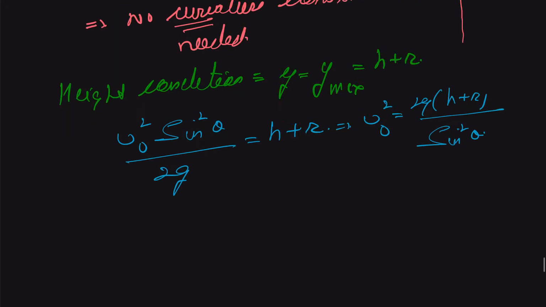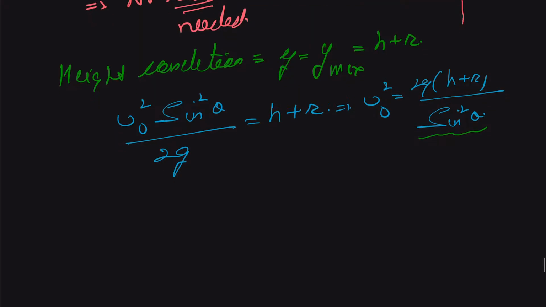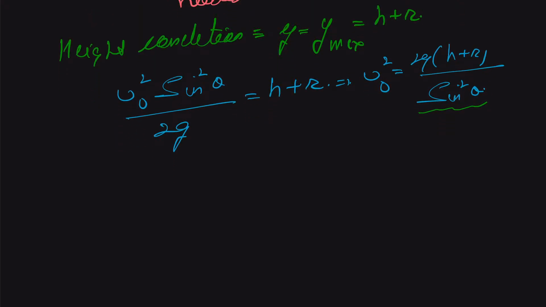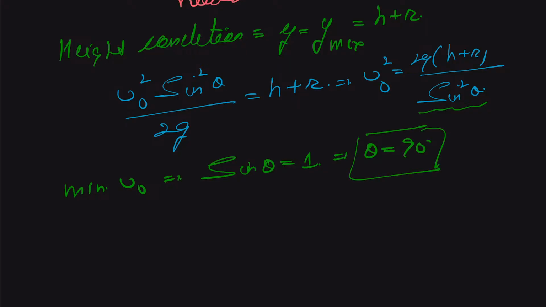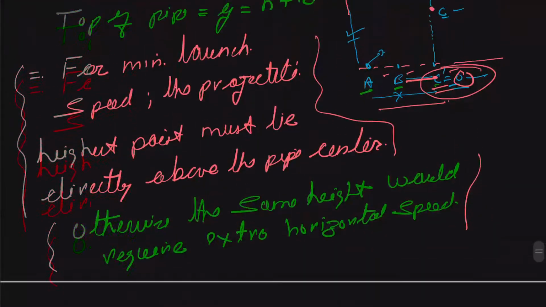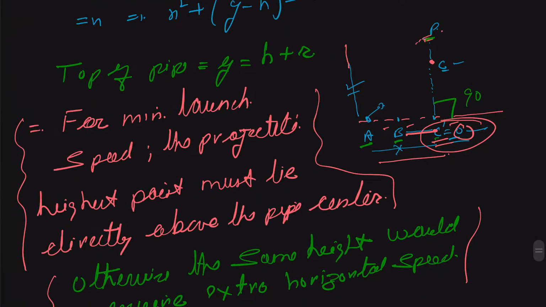So we have to minimize v naught. The only function that is going to minimize this entire equation is sine of theta, so we are only interested in this. We need minimum v naught, so sine of theta should be equal to 1, or from here theta is equal to 90 degrees. It means it will be straight upward projection like we discussed.